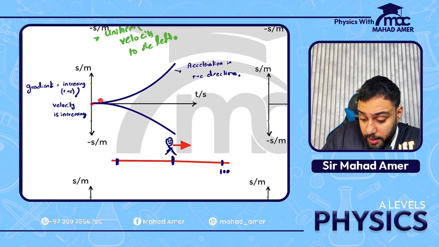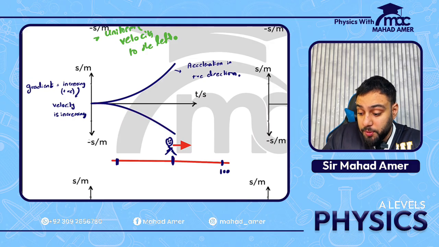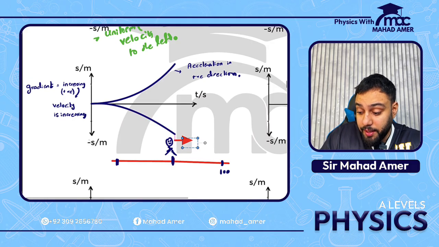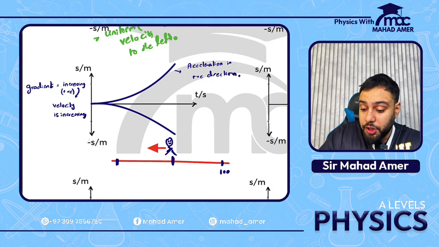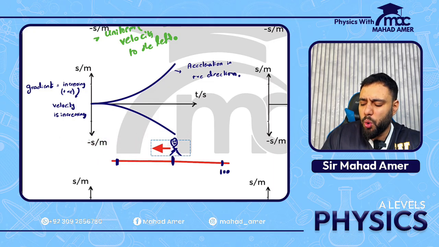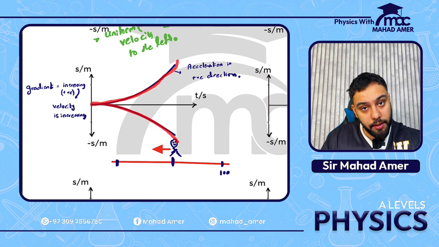See, the graph is getting steeper and steeper. It's a negatively increasing graph that I just drew. This graph shows that the object is still accelerating, but this time in the opposite direction, the negative direction. The velocity is increasing, but it's increasing in the negative direction. I hope you understand the concept, because the gradient for this one and this one both are increasing.